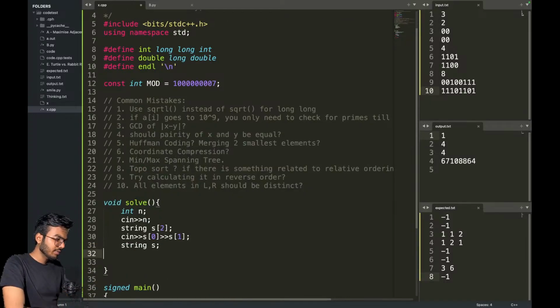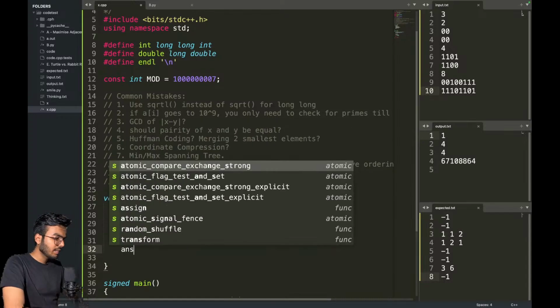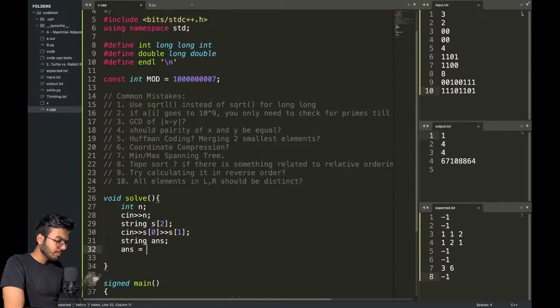Let's just make a string answer. So the first part I'm solving right now, and obviously my answer will be equal to s0 of 0, right? Maybe I should just initialize it like this right now. So initially the string is like this.